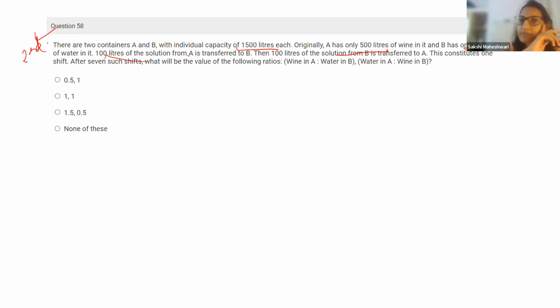Now, see, let's take it as x. So initially A and B both have a capacity of 1500, but A contains 500 liters of wine, and B contains 0, and this contains water 500, right?